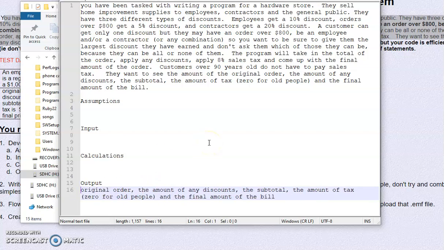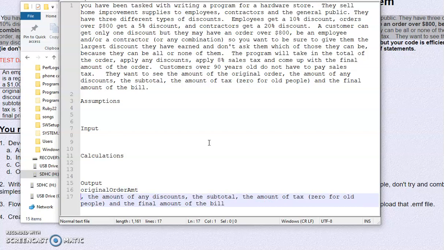Okay, so they want to see the original order. And I might just put AMT to make it a little more understandable. Amount of any discounts.